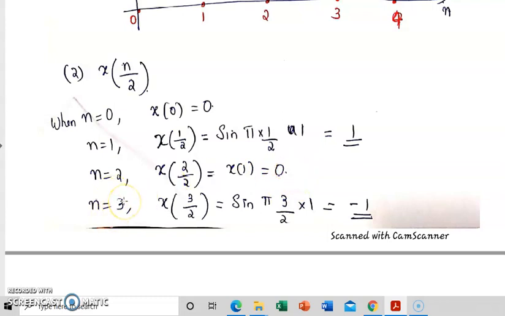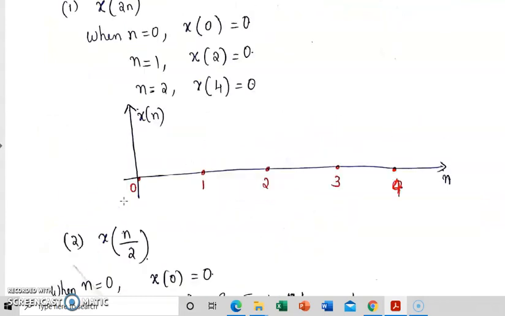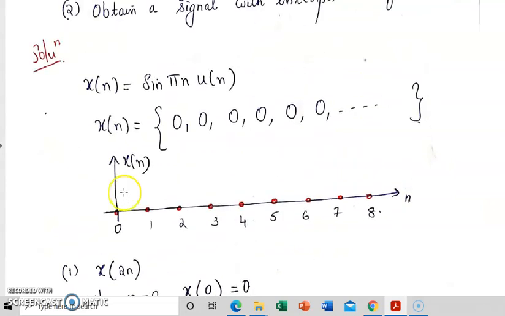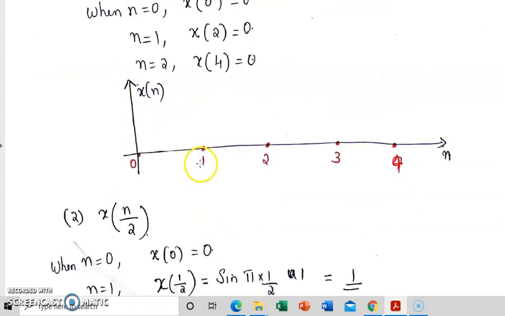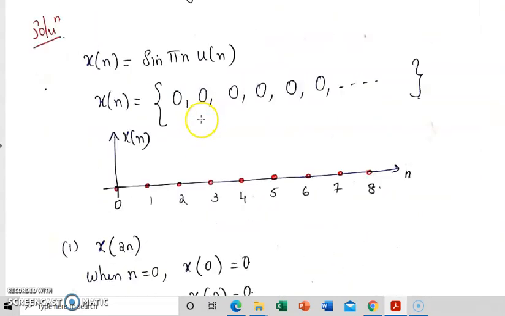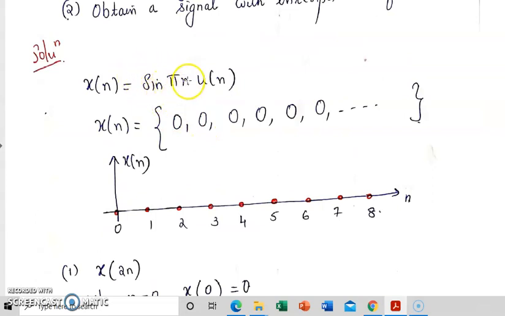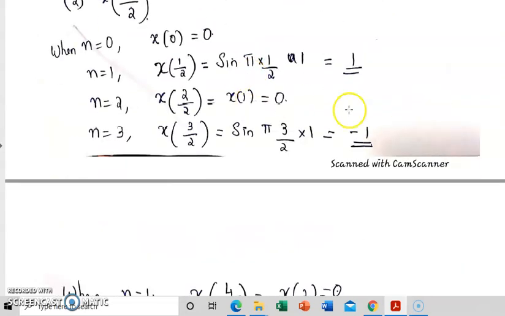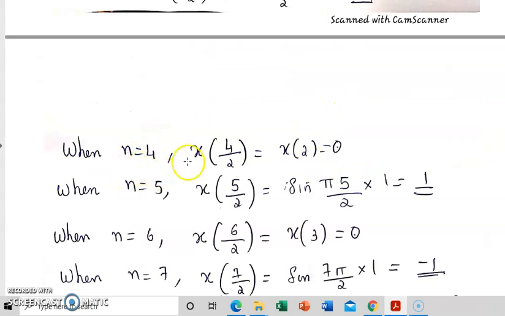Next, when n is equal to 3, we have x of 3 by 2, which will be equal to sine pi 3 by 2 u of n, which is equal to minus 1. When n is equal to 4, we have x of 4 by 2, which is x of 2, and x of 2 is 0.